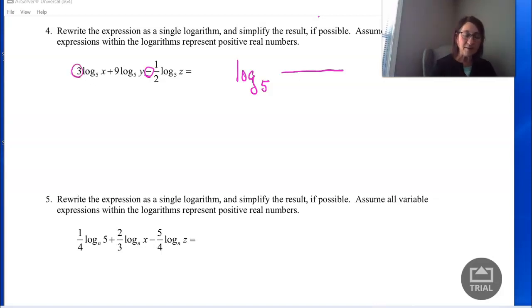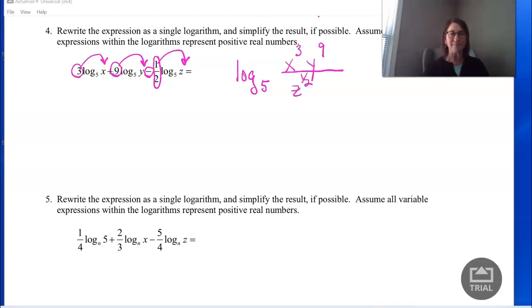This 3 is going to be the exponent of the first part of my argument, so x cubed. And then this 9 is going to be the exponent for that y, so that'd be y to the 9th. In my denominator, this 1/2 is going to be the exponent for the z, so z to the 1/2.